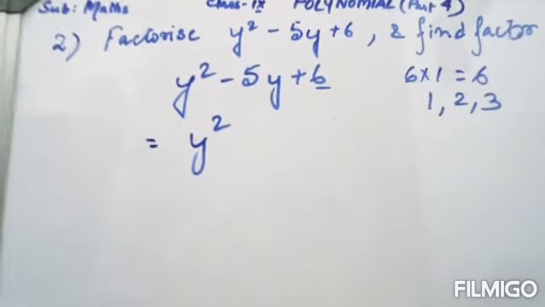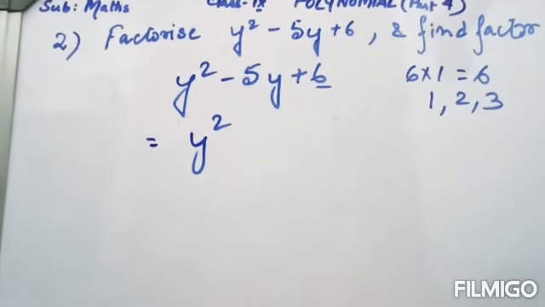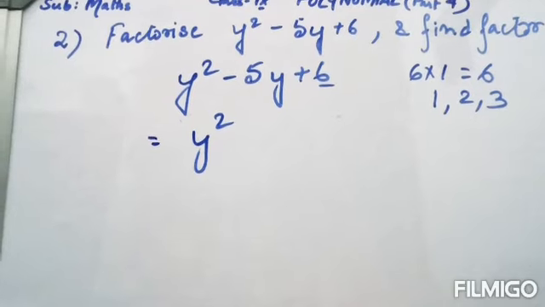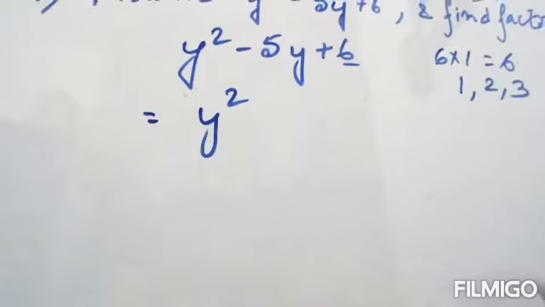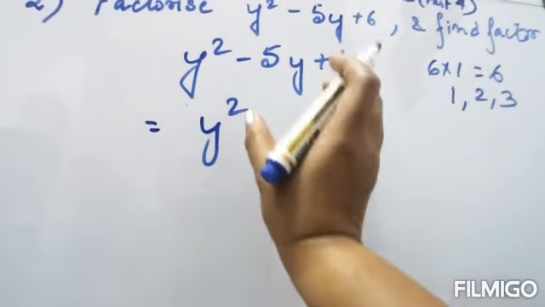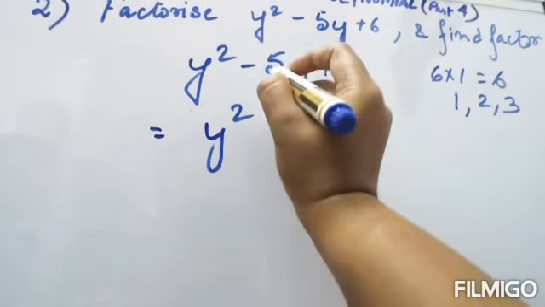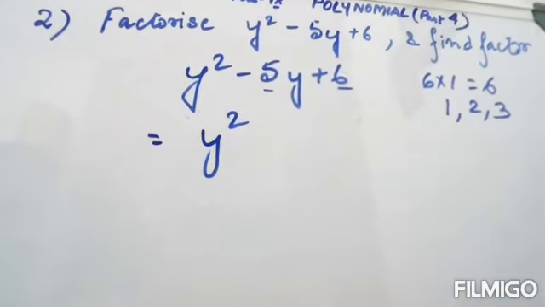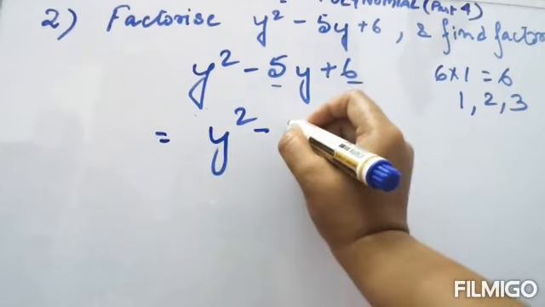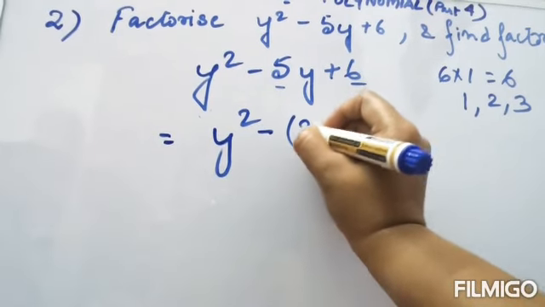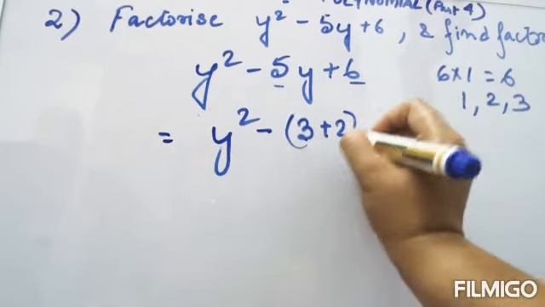We will use these factors by addition or subtraction, only these operations, in the polynomial such that we get minus 5. Minus 5 can be obtained by 3 plus 2.